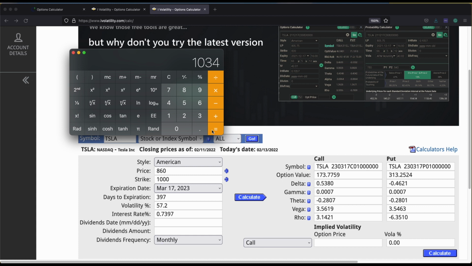And since we are talking about options, you do it in a contract of 100, that means you will be buying 100 shares in a contract. So 173 into 100 or 174 into 100 means one contract will cost you around $17,400. So you will be risking $17,400 for this exercise, and you could lose all of it if the stock price is below 860.